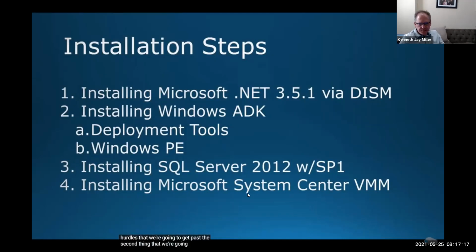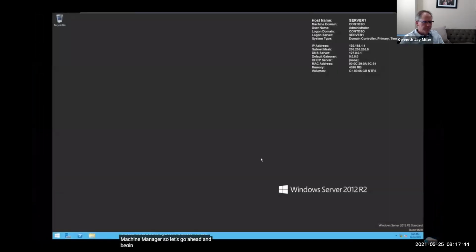The second thing that we're going to do is install the Microsoft Assessment and Deployment Kit, the Windows ADK. And I'm going to cover the steps that we need to install for that. The third is installing Microsoft SQL Server, which comes with System Center Virtual Machine Manager. And then we're actually going to install Microsoft System Center Virtual Machine Manager. So let's go ahead and begin.